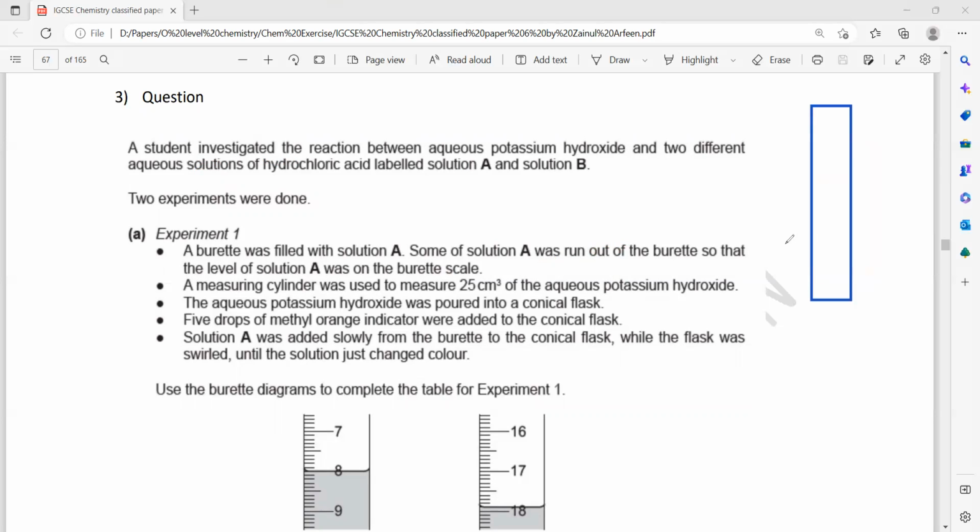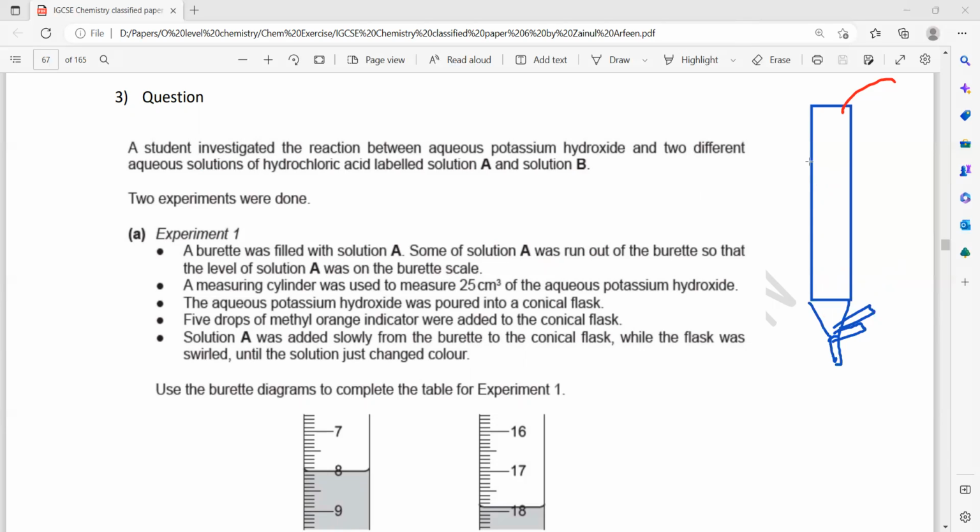Like if this is a burette and this one is a nozzle or a jet, because when we fill the burette, we fill from the top. So when we fill it from the top, there might be some trapped air here. So how can we remove this trapped air?